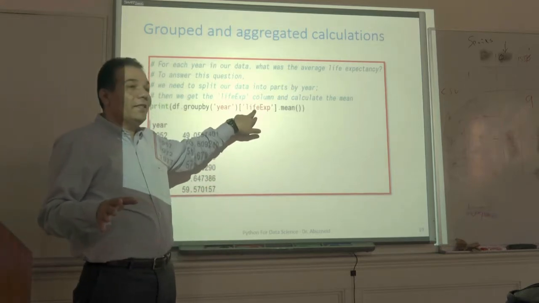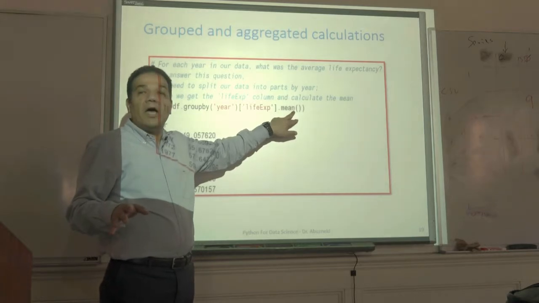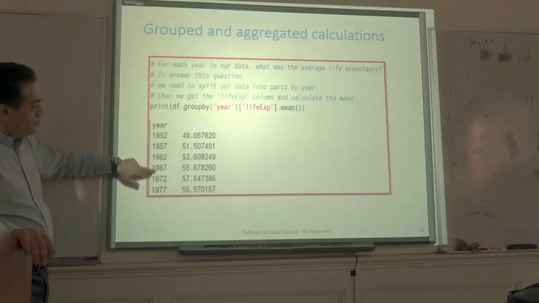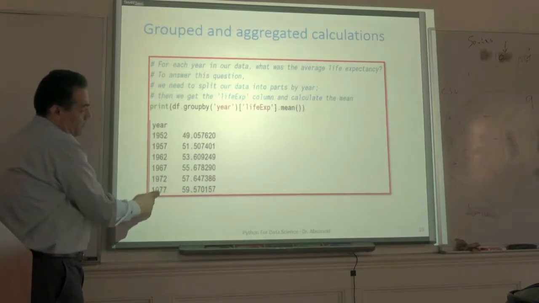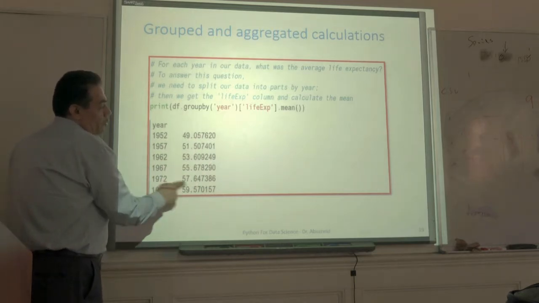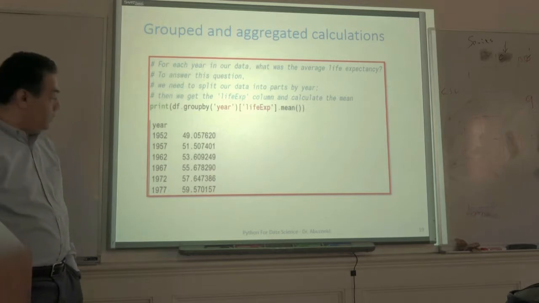Okay, I look at the life expectancy only, and then I calculate what? The mean, the average. And when I print it, it will give me the year. So in my database, I have how many years? 1, 2, 3, 4, 5, 6, for example, and it calculated for me what? The average of the life expectancy for that year. For that year.